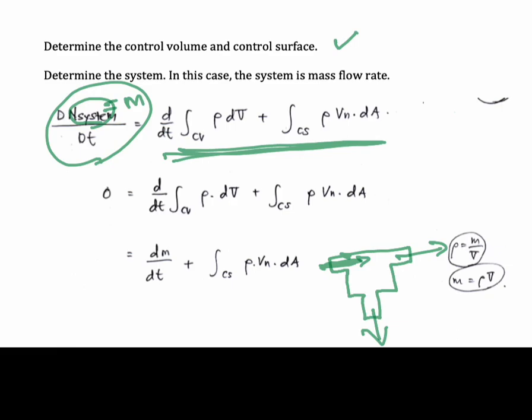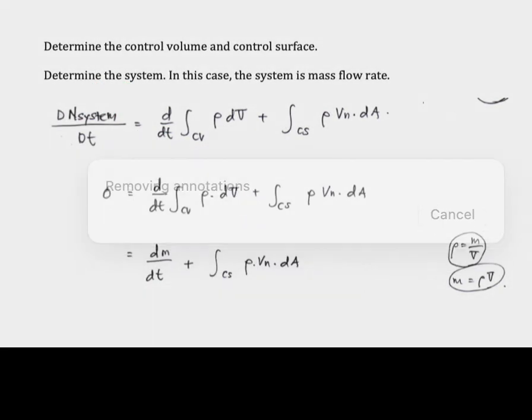Because we know that rho dV is equal to mass, we substitute it here. So we could write it as equal to dm/dt. Now we have one term explaining the mass flow rate.